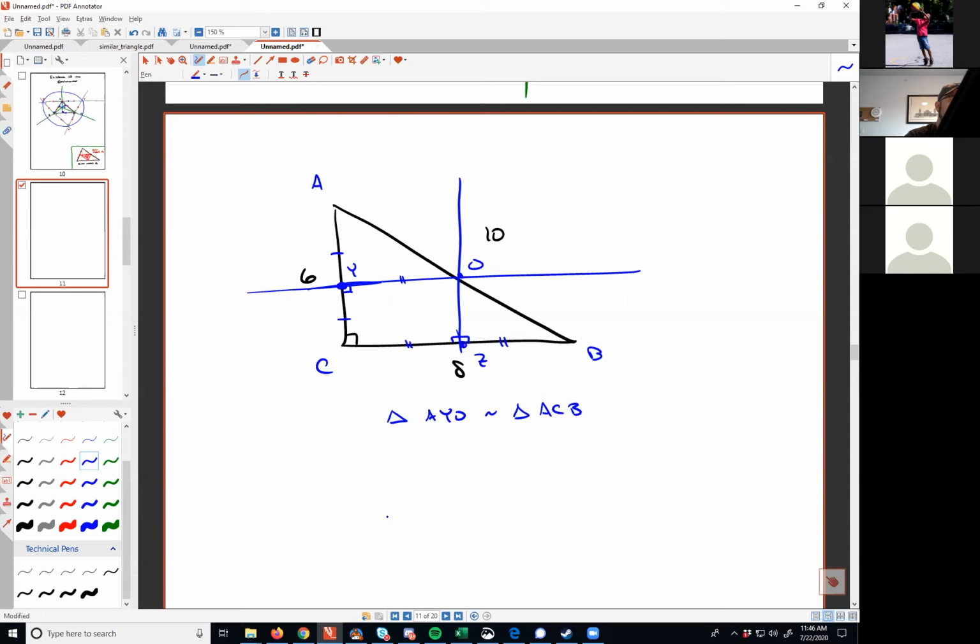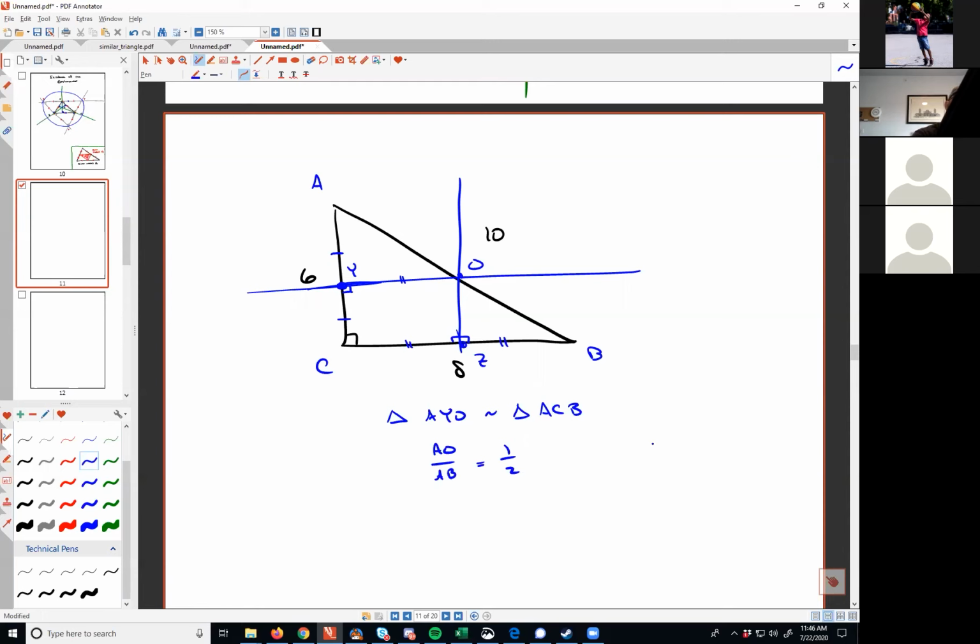I think it's 1 to 2. Okay, so AO over AB is 1/2. AO is half the hypotenuse.